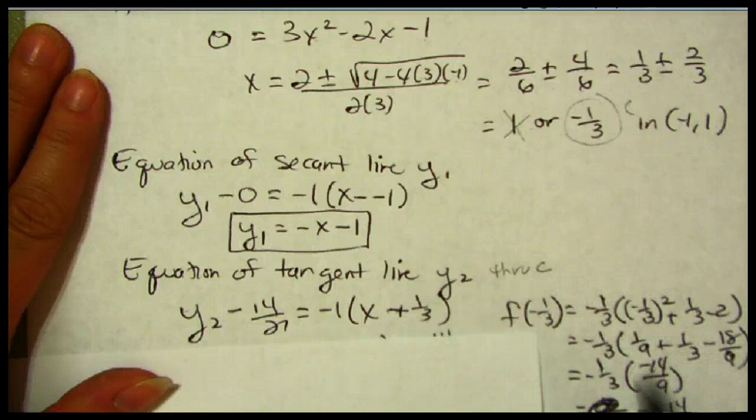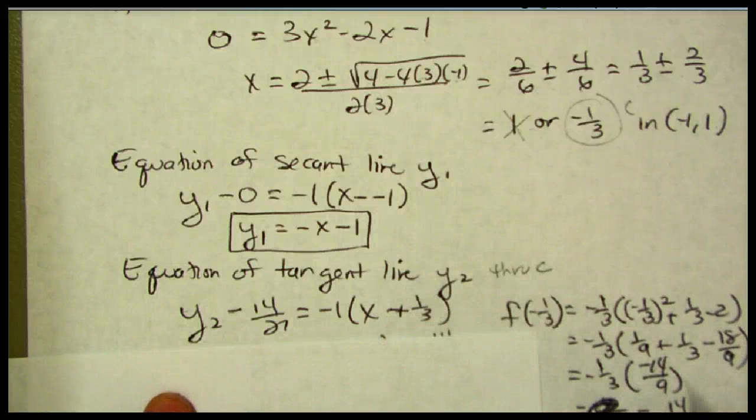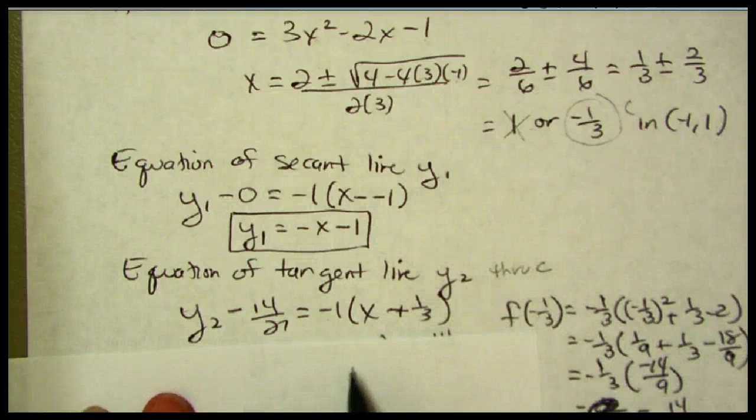After I plugged it all in and did all the careful mathematics with the fractions, I got 14 over 27. And so that is the y and that is the x. So I put -1/3, which makes it +1/3. The positive 14 over 27 becomes minus 14 over 27. And my slope is -1, because that's point slope form.